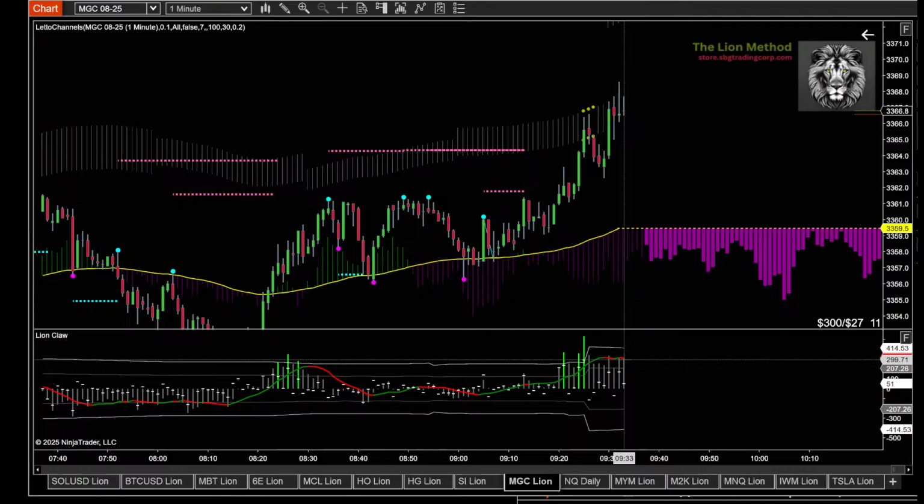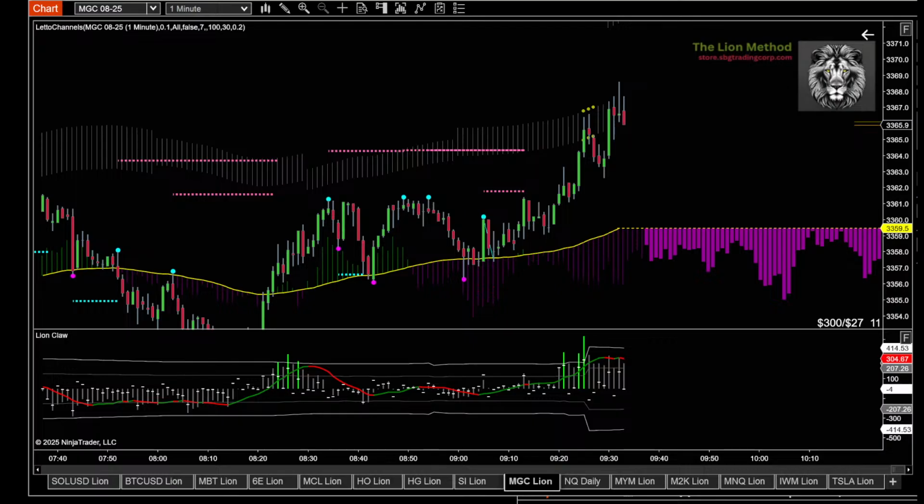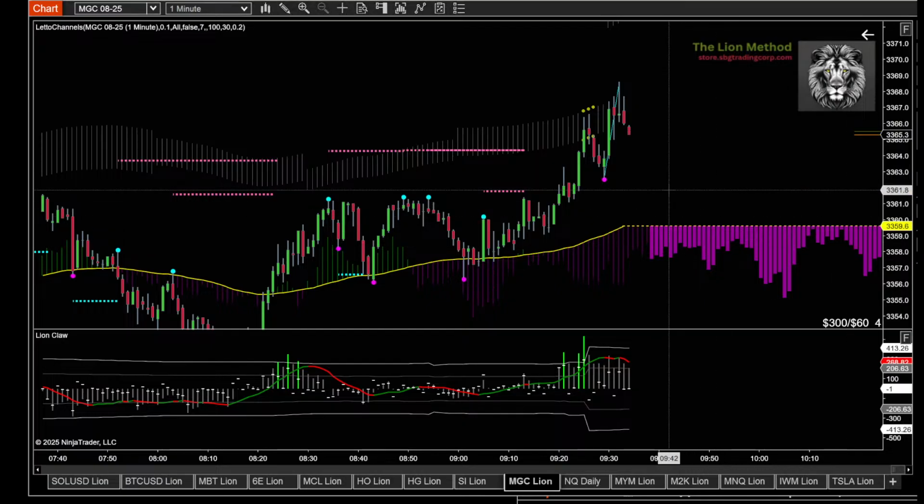We want to enter short on a negative net delta move. So our sell dot is here, guys.